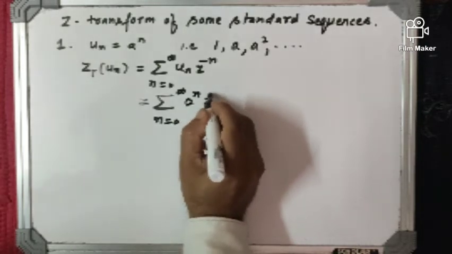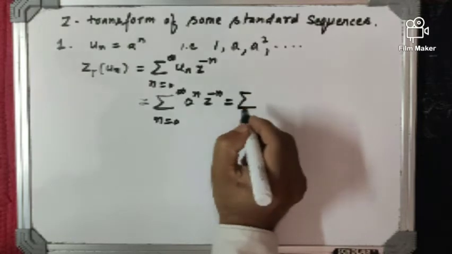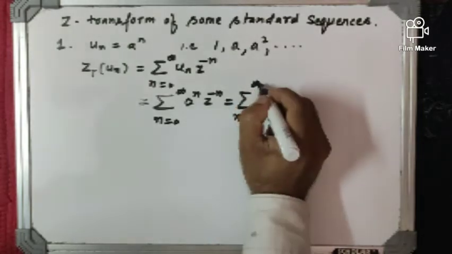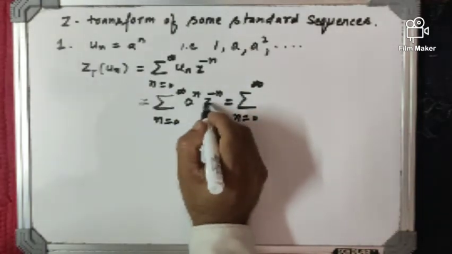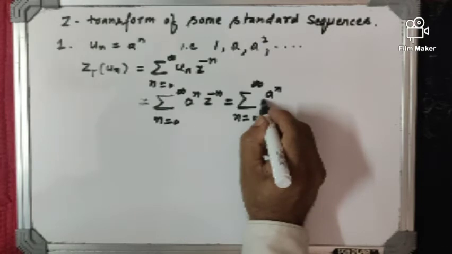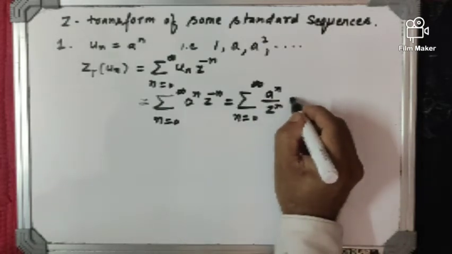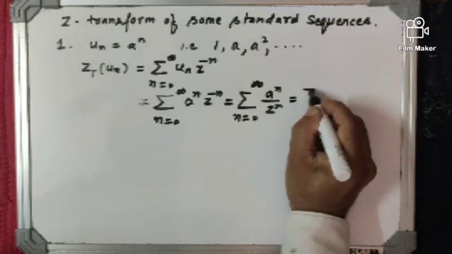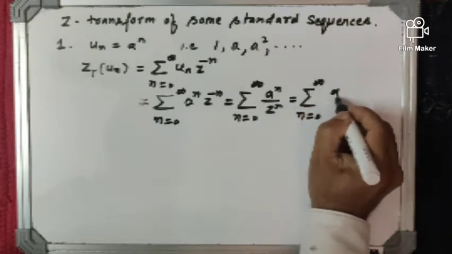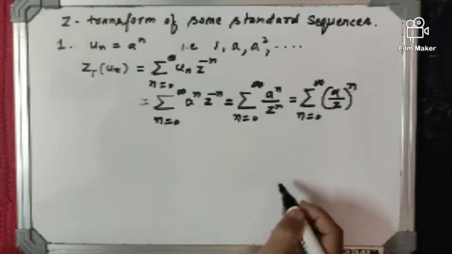So this is summation n equal to 0 to infinity a power n into z power minus n. Z power minus n is 1 by z power n. So this is the same as summation n equal to 0 to infinity a by z whole power n.